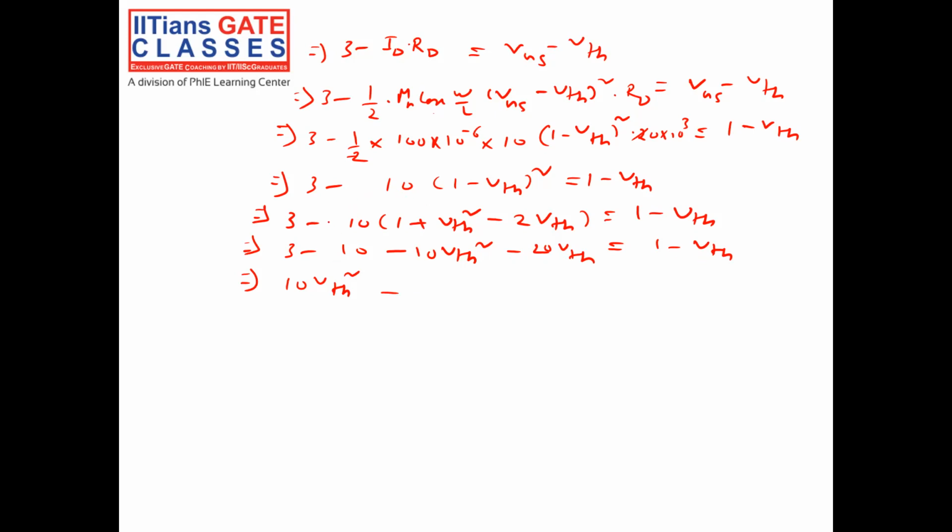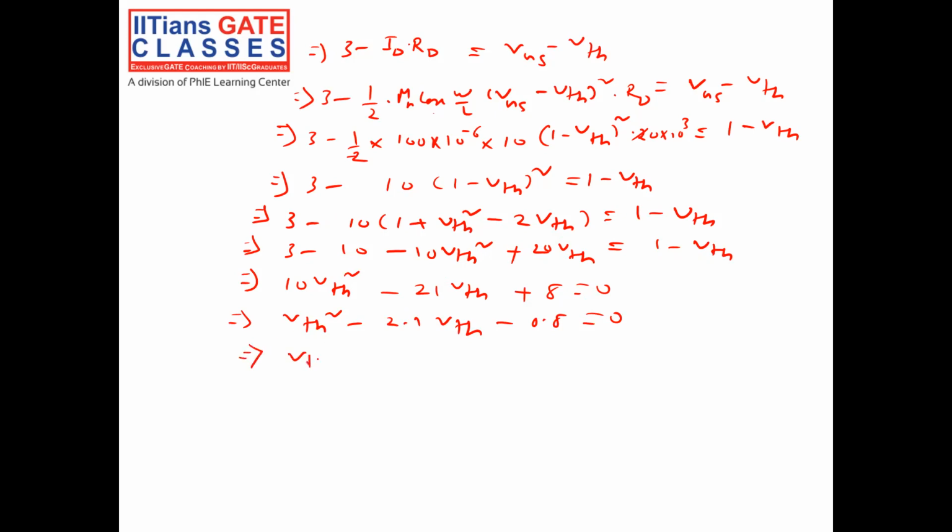So minus 10, here it is plus, minus minus plus, okay, minus 21 VTH, plus 3 minus 10 minus 7, plus 1, so 8, is equal to 0. This implies VTH square minus 2.1 VTH minus 0.8 is equal to 0.